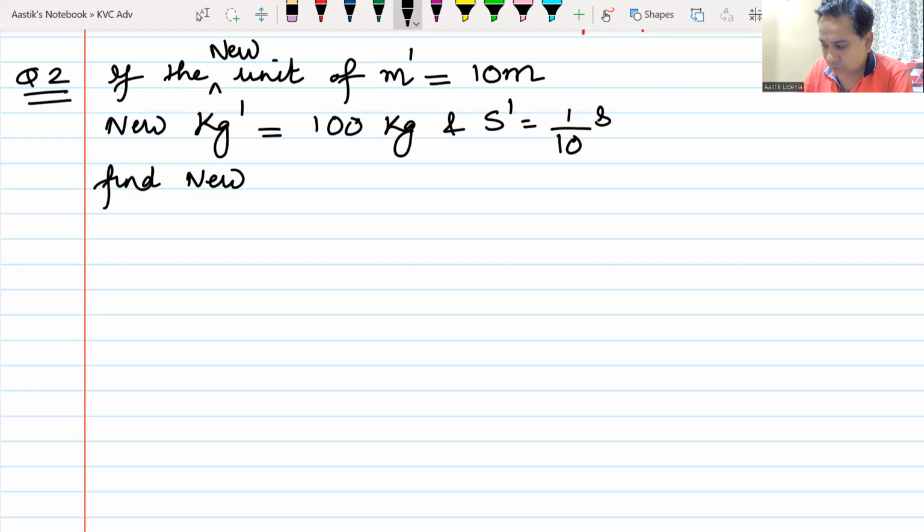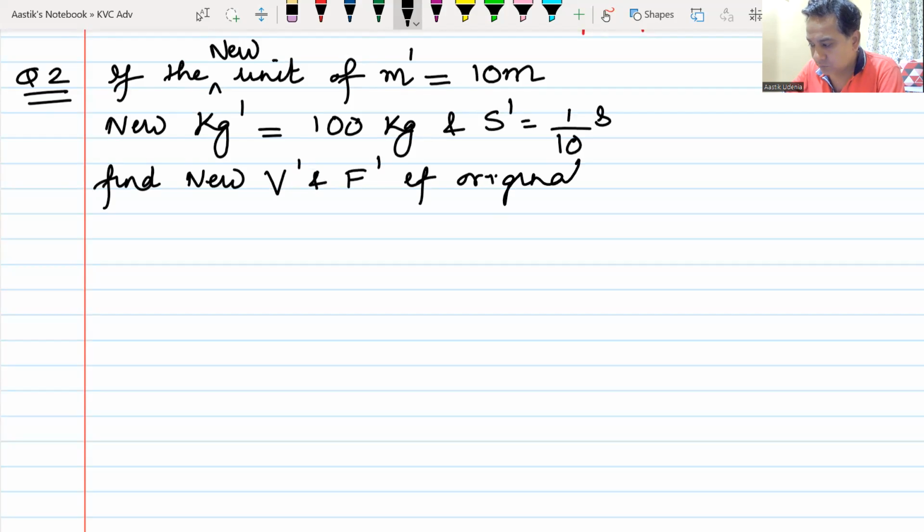new v dash. You understand the meaning of v dash? New velocity. And new f dash. Do you understand meaning of f dash? New force. New SI unit of force. If the original values are v and f.